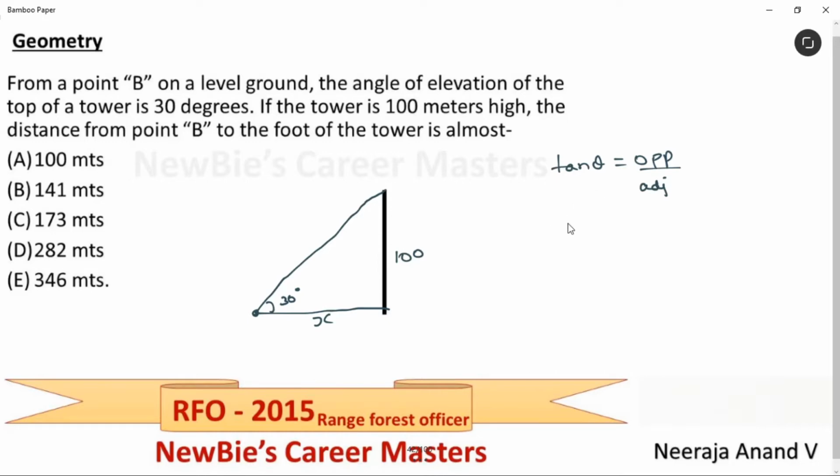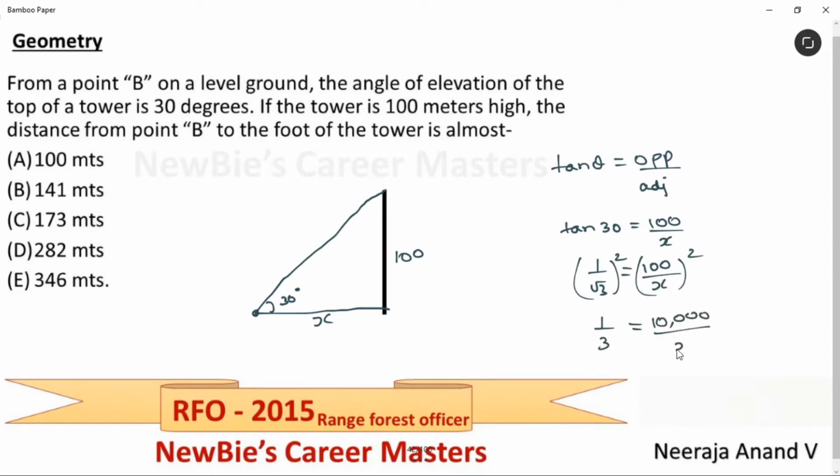Okay. Tan 30 is equal to 100 divided by x. Tan 30 is 1 by root 3 is equal to 100 divided by x. To remove this root, let's square on both sides. Okay, this value is 1 by 3 now. This is 10,000 divided by x square.